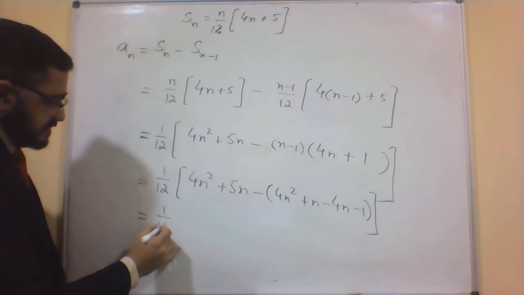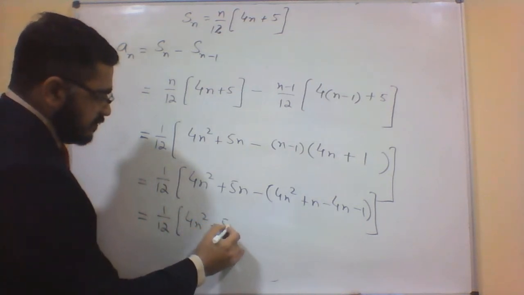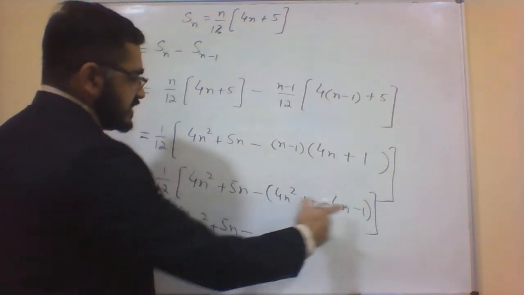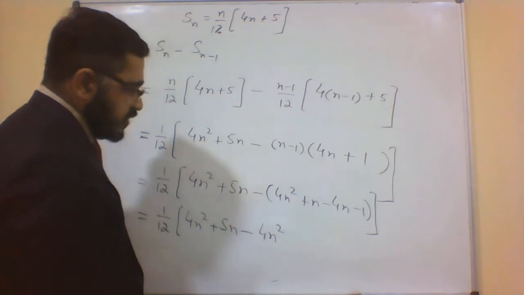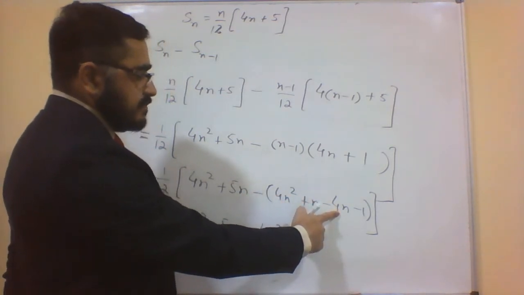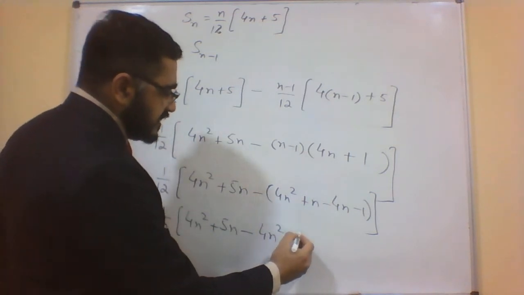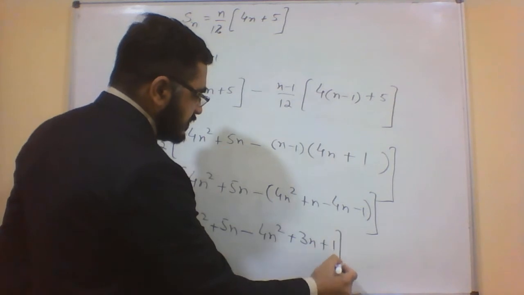Then this will give us 4n square plus 5n. This minus will multiply inside. Here will be minus 4n square. This n minus 4n is minus 3n. Minus into this minus is plus 3n here. And minus into minus will be plus 1.